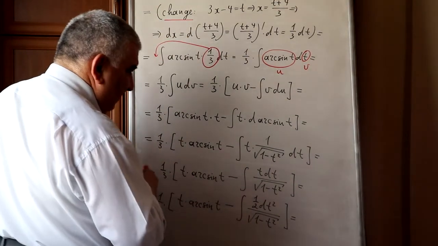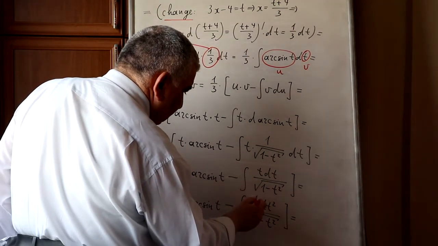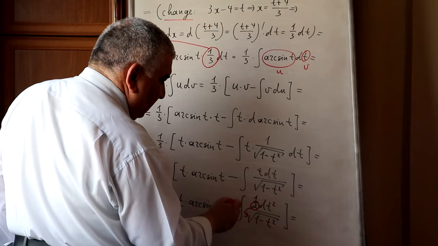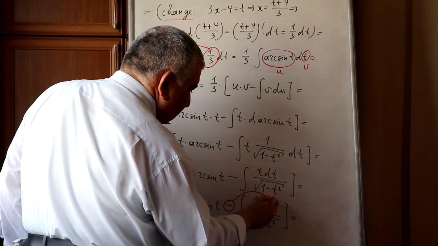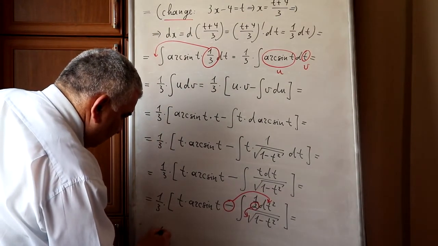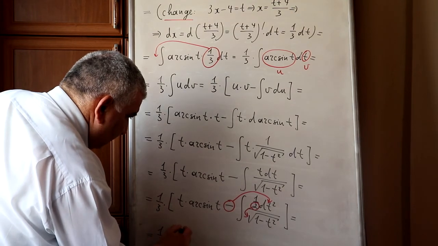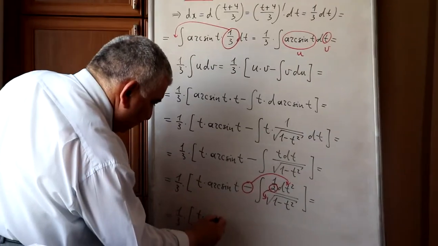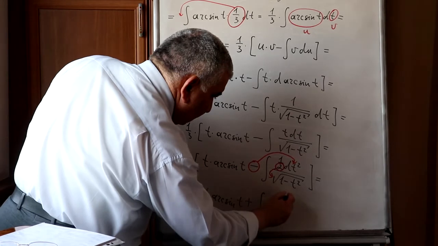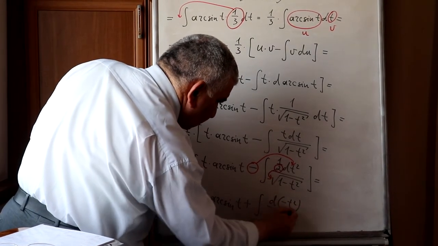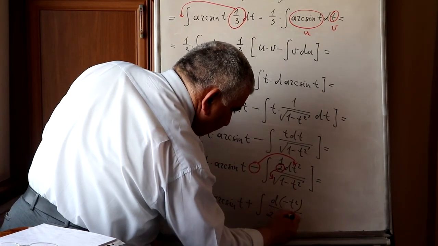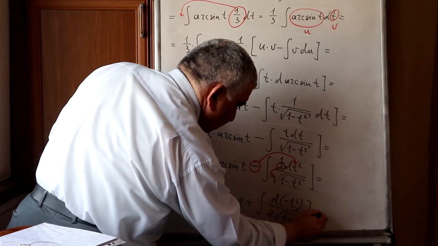Then we can transfer 1/2 to the denominator and introduce the negative sign into the differential symbol. Then we'll obtain 1/3 multiplied by t multiplied by arcsine t plus the integral of d minus t squared over 2 square roots of 1 minus t squared.